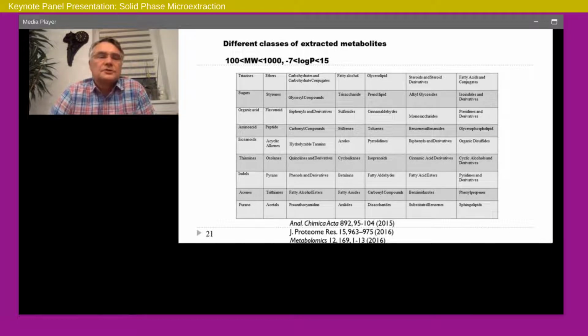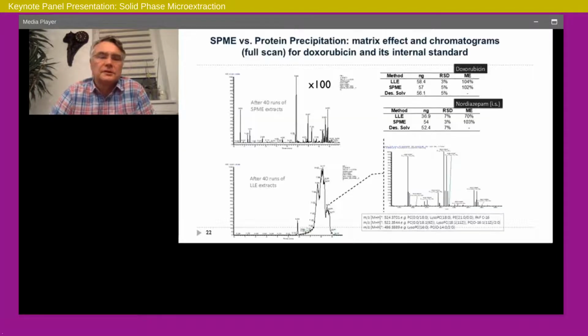As you can see, if you use a sorbent such as HLB type of sorbent, we can detect from log P minus 7 all the way to 15. So we see all the compounds. However, because we extract the free form, it's a very clean extraction.